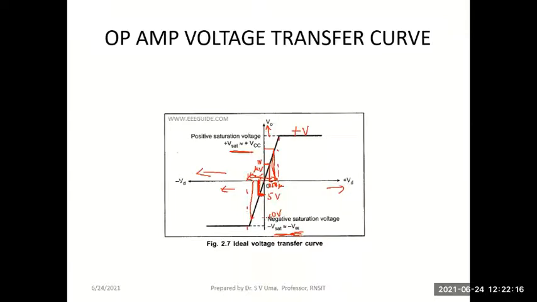In the region surrounding the origin in the graph, small changes on the x-axis indicate very large changes in the y-axis value. The x-axis is differential input, the y-axis is the output. So even if the change on the x-axis is in microvolts, the output voltage will change in volts.